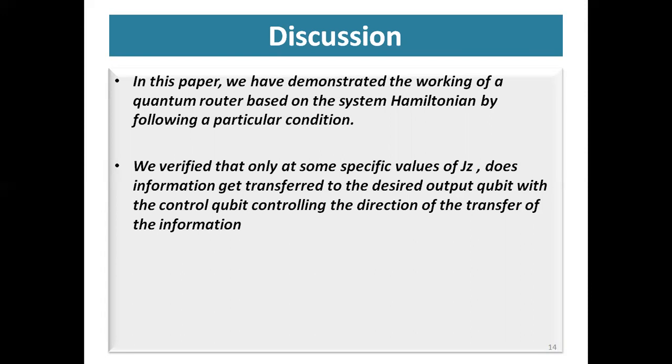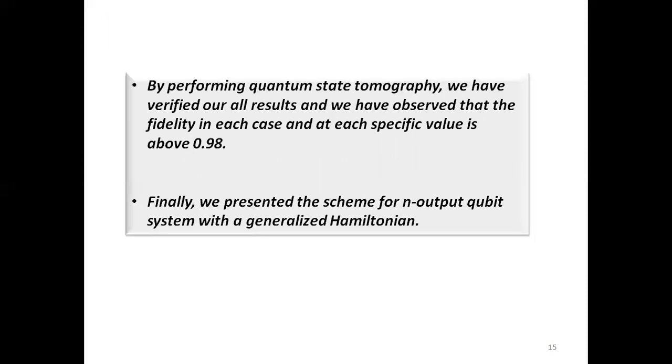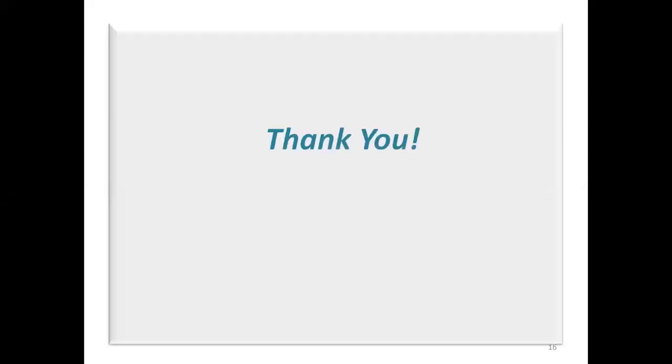That's why it's called the control qubit. It's a very important result. We also performed quantum state tomography and verified all our results, and we observed that the fidelity in each case is 0.98 or 0.99, I mean, above 0.98. And finally, we also presented the scheme for an n output qubit system with a generalized Hamiltonian. So this is what we did in this paper. Thank you.